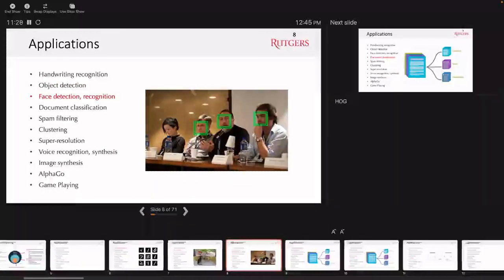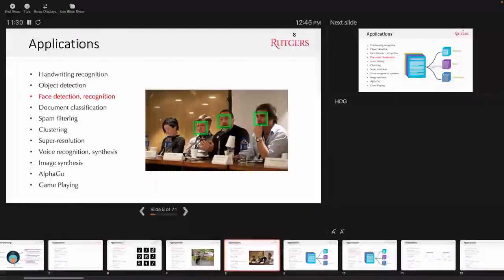Another familiar application would be face detection and recognition. So again, two-stage. In the first stage, you try to detect where the face is. And in the second stage, people may want to recognize whose face it is, who this face belongs to.